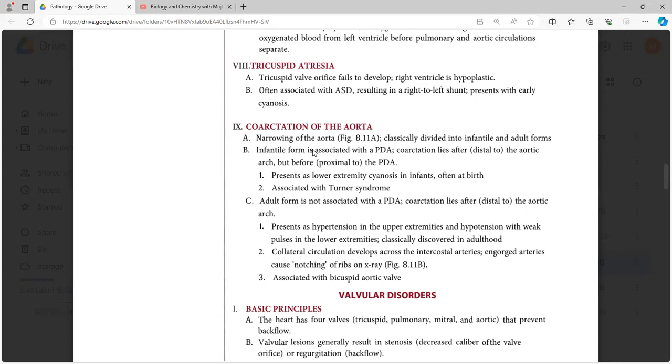The classical signs are a bicuspid aortic valve instead of the tricuspid aortic valve, and the congenital defect which can be associated with coarctation of aorta is Turner syndrome, which is characterized by XO.